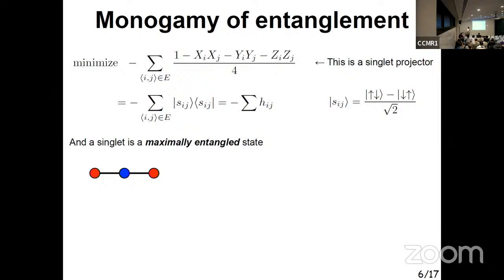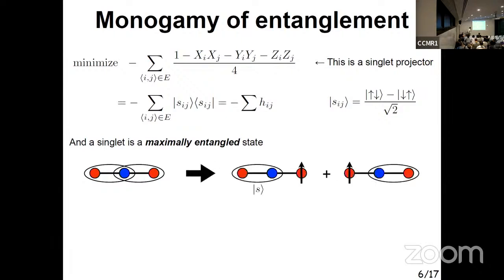When you have a graph like this, it's already kind of non-trivial, because this edge is saying that it wants a singlet here, and this edge wants a singlet there. But because of monogamy of entanglement, that can't happen simultaneously. So what ends up being the ground state is a superposition of these two states.